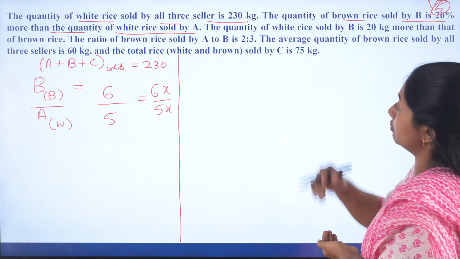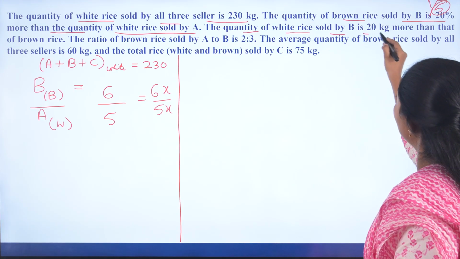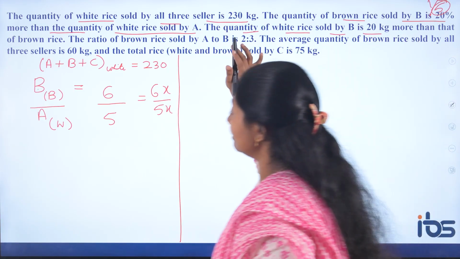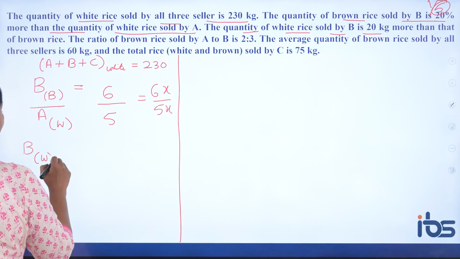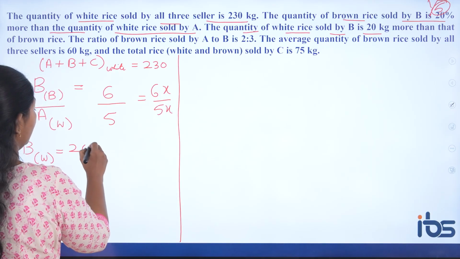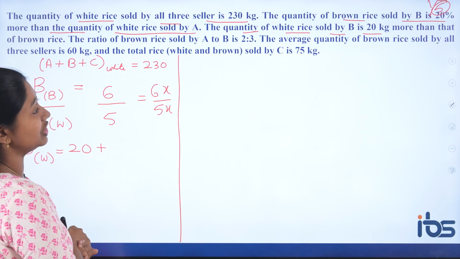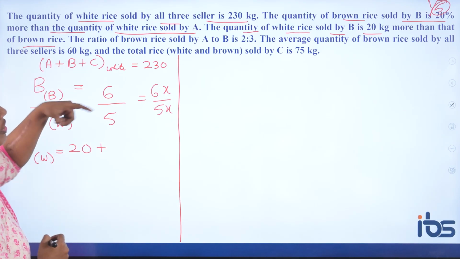Next, what they have mentioned: the quantity of white rice sold by B is 20 kg more than that of brown rice. Brown rice sold by what?